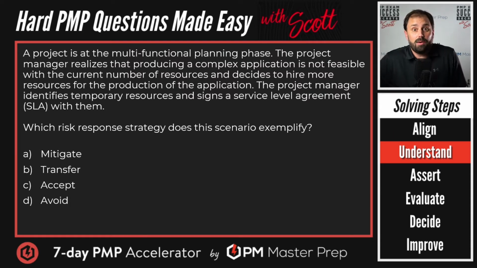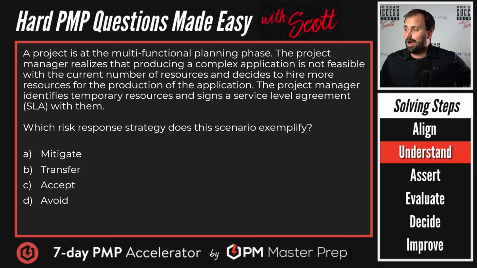All right, they're going to hire more people. Cool. The project manager identifies temporary resources and signs a service level agreement with them. So we've gone off and we've done something. Which risk response strategy does this scenario exemplify?